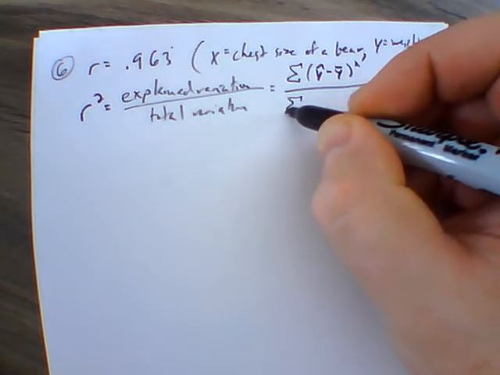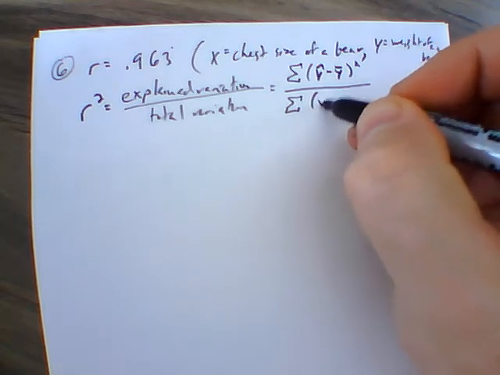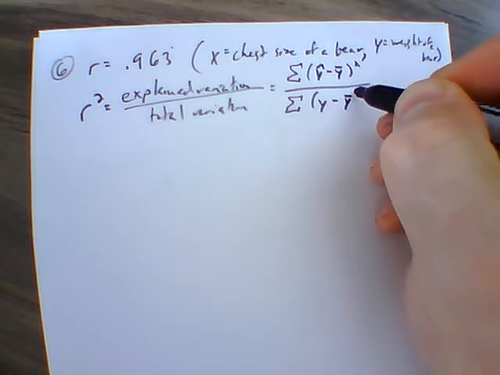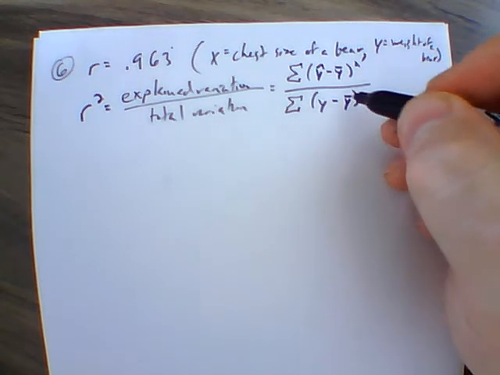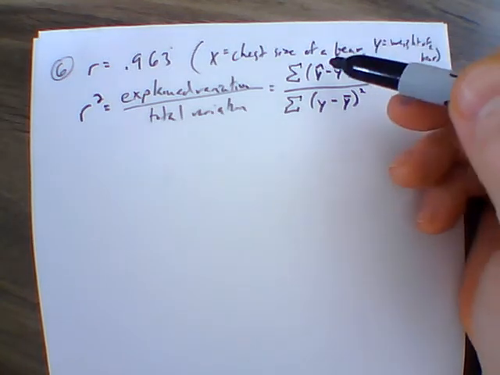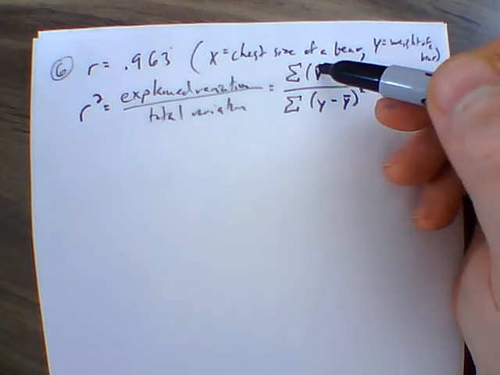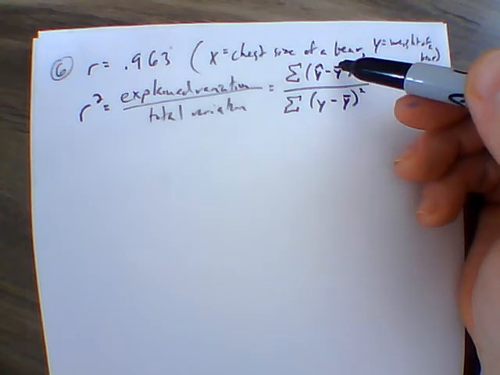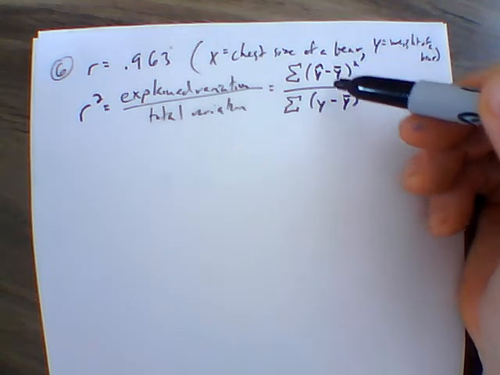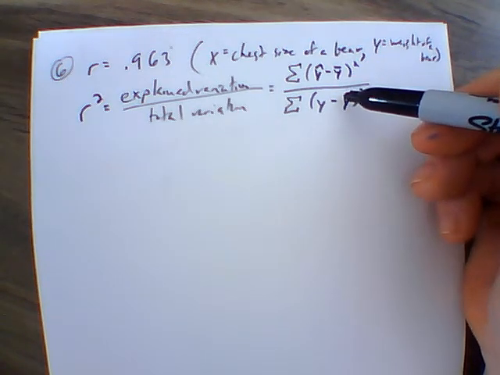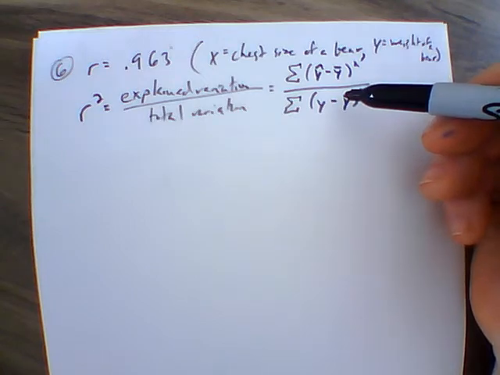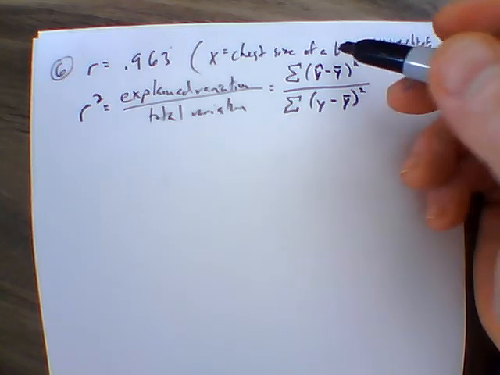The total variation was our summation of y minus y bar, squared. So basically it's our difference from our prediction to our mean, and then this was the actual to the mean. So this was basically our R squared value.